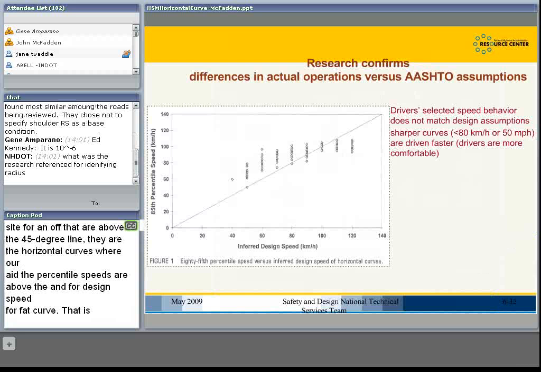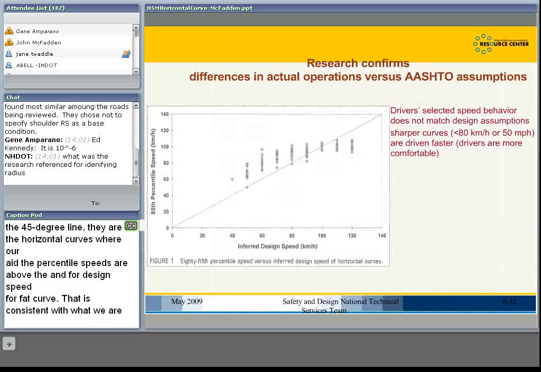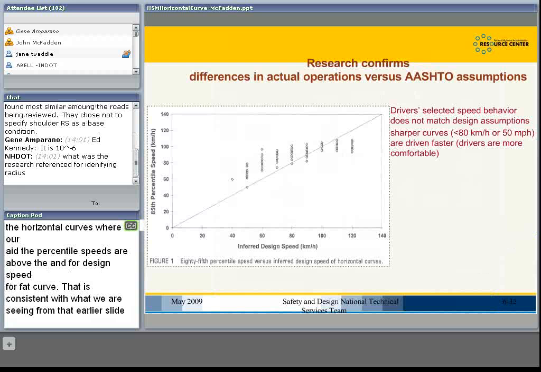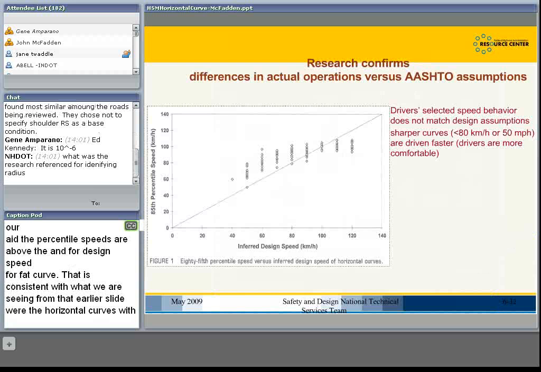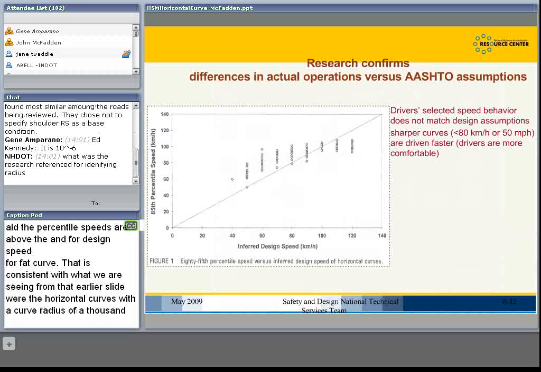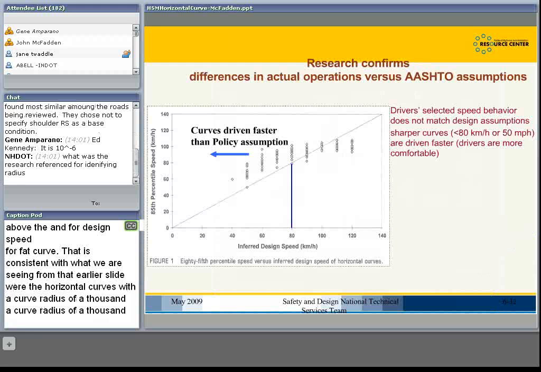That is consistent with the earlier slide, where horizontal curves with a radius of 1,000 feet or less were the curves where the crash rates were geometrically higher than for the curves with a 1,000-foot radius or more.